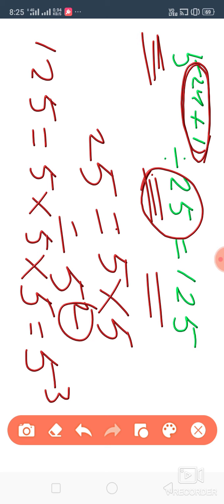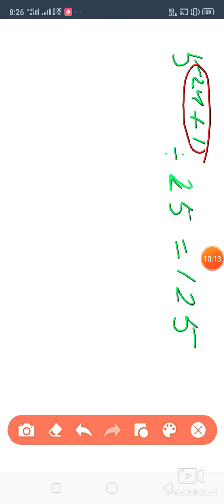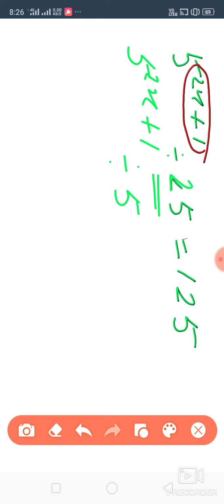Now this part can be written as 5 to the power 2x plus 1, divided by 25 which can be written as 5 square, 5 to the power 2, which is equal to 125, and 125 can be written as 5 to the power 3.